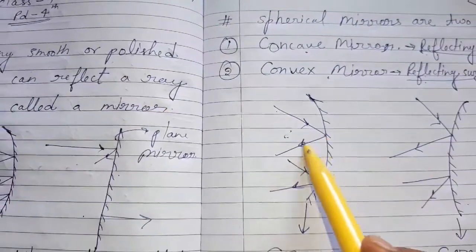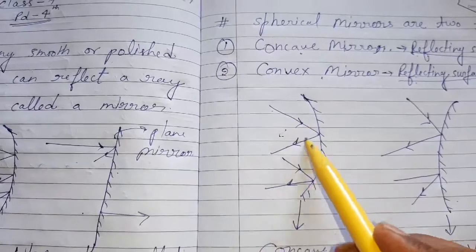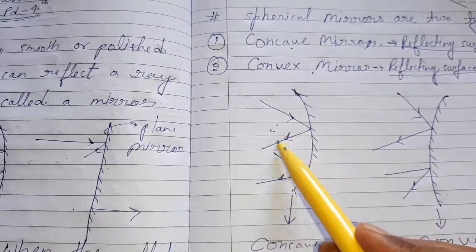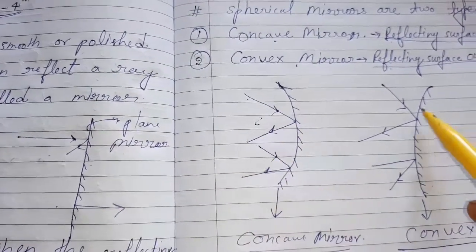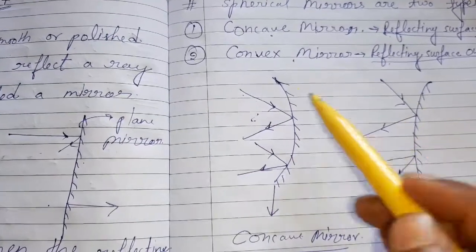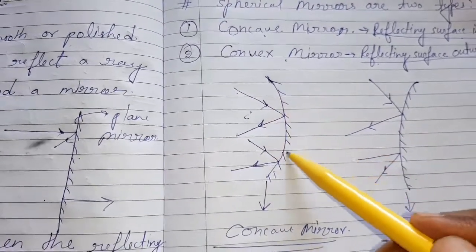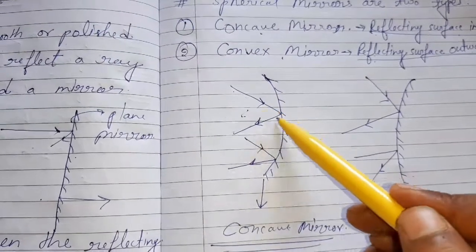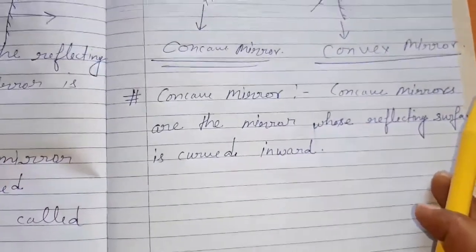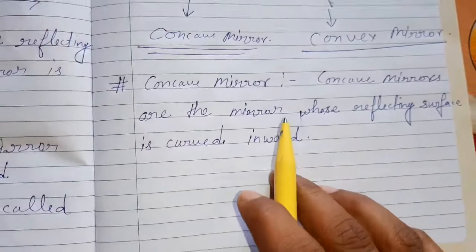This is the example of a concave mirror. Here is the coating and here is the reflecting surface. Okay, you can understand. This is the definition of a concave mirror.